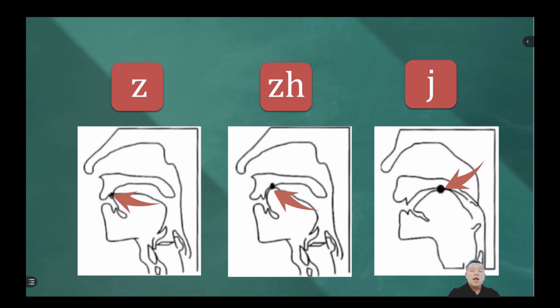Then we have 记. At this time, you don't have to use the tip of your tongue anymore. Instead, try to control the surface of your tongue. The other parts of your tongue could relax. And then pronounce 鸡.